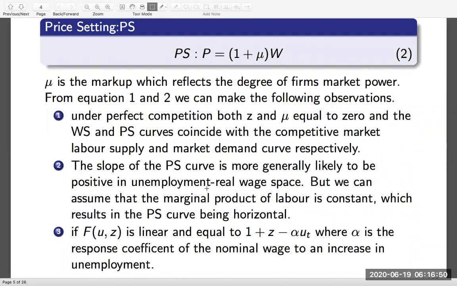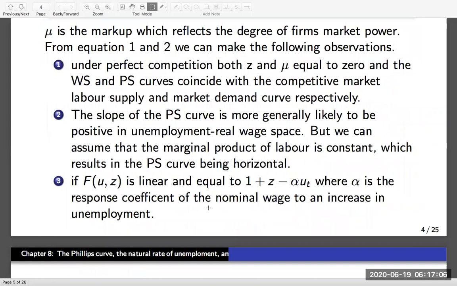But we can assume that the marginal product of labor is constant. In micro, you remember that your MPL is just equal to your wage, from your production function, which means it's just a horizontal line. That's why your PS is a horizontal line.